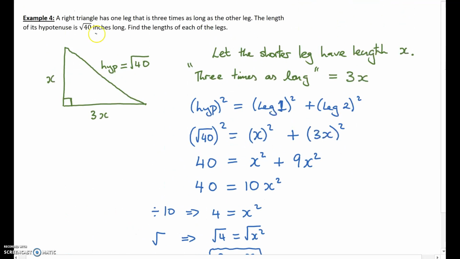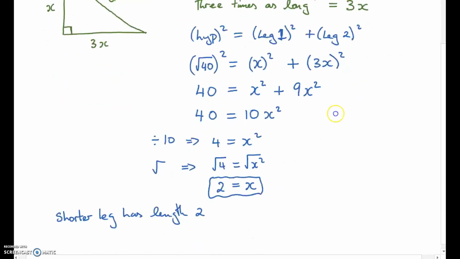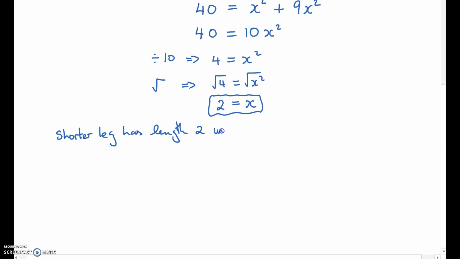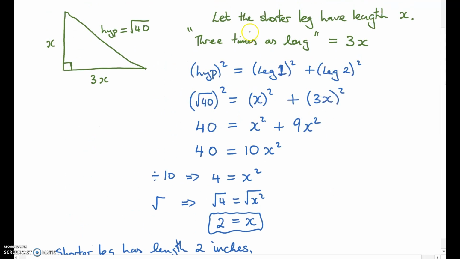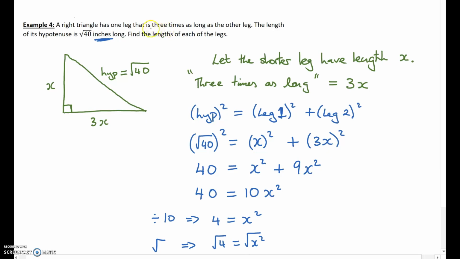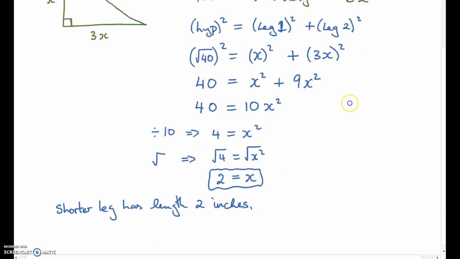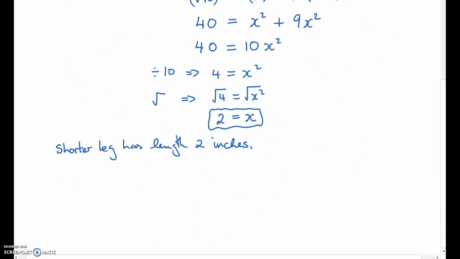If you read the question, we had inches here, so our answers are also going to be in inches. The shorter leg has length 2 inches, and the other leg is 3 times as long. So 3 times as long as that. The longer leg has length 3 times 2, which is equal to 6 inches.